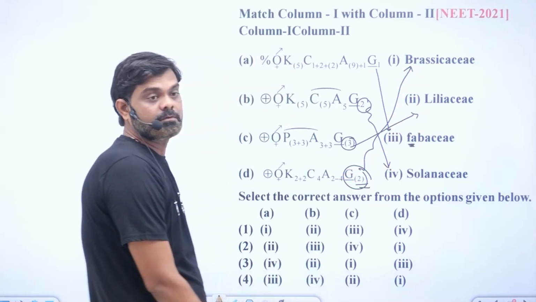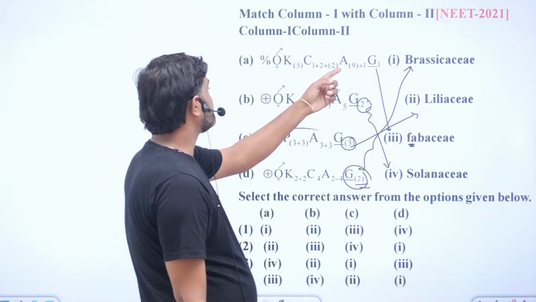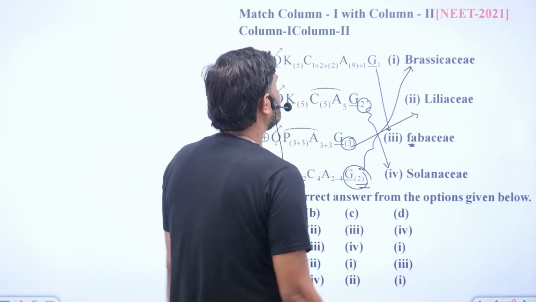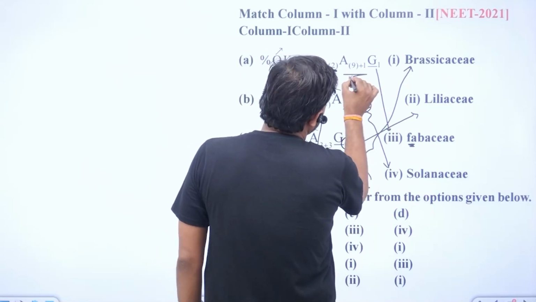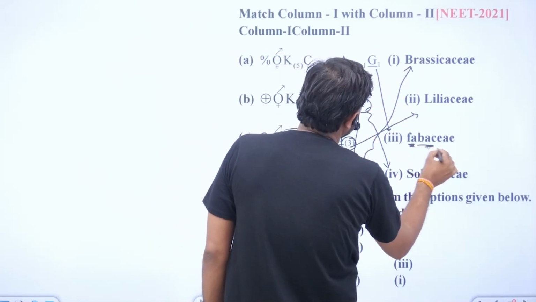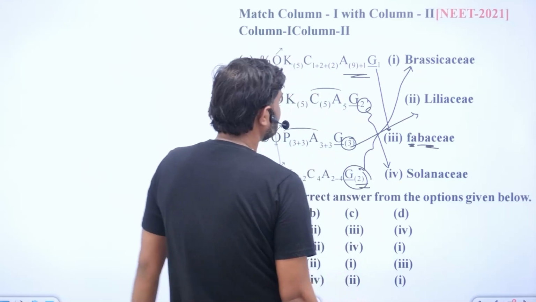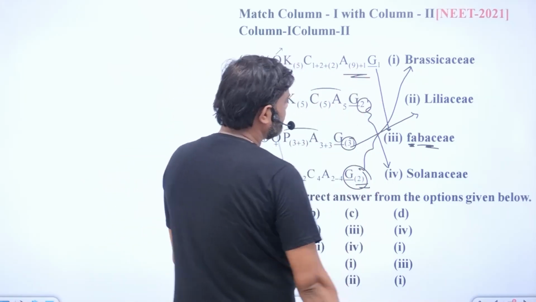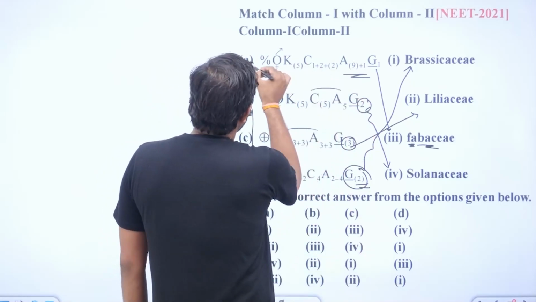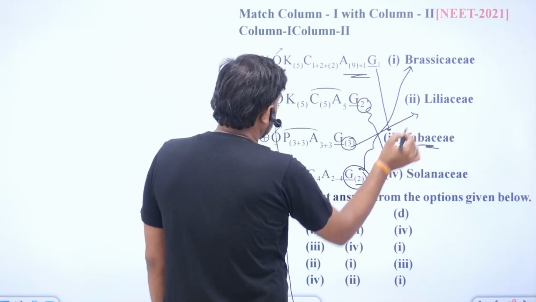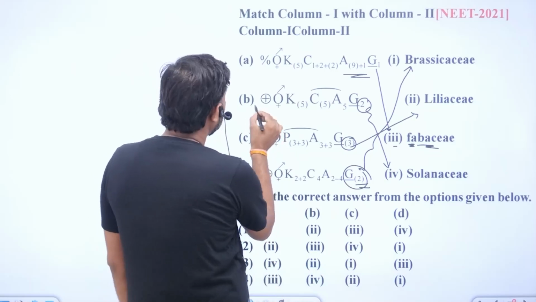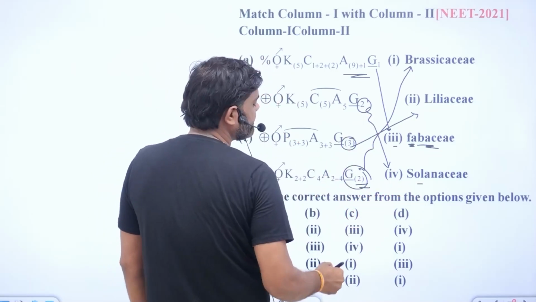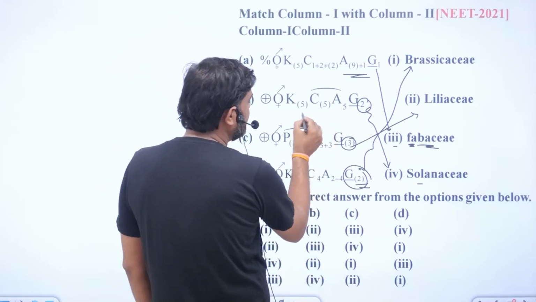And next, androecium, diadelphous condition, a specific property of Fabaceae. And the flower is a pentamerous flower, means A's correct match is third. And second, B, Solanaceae, bicarpellary condition and the flower is pentamerous.